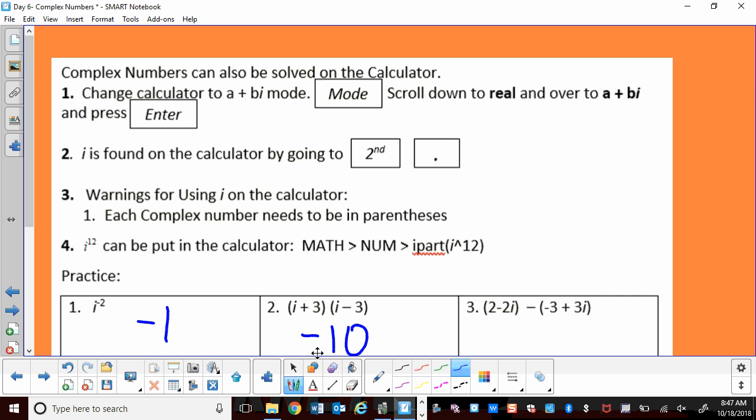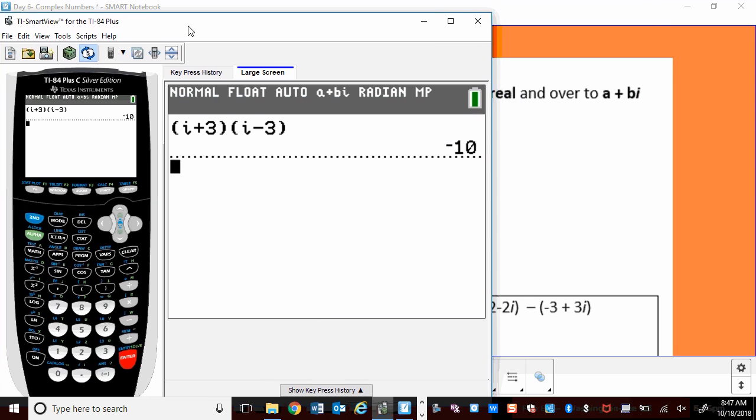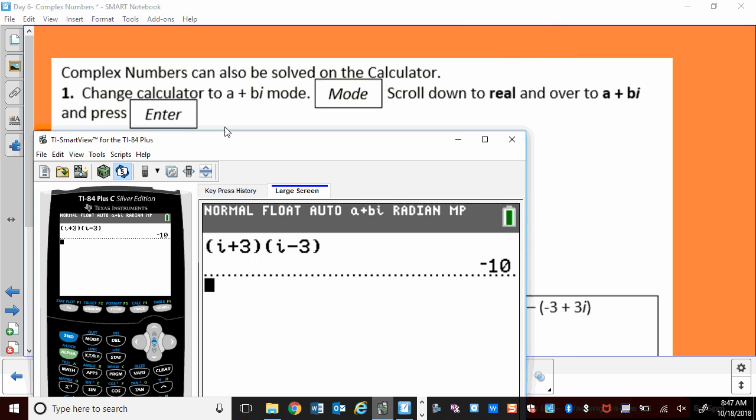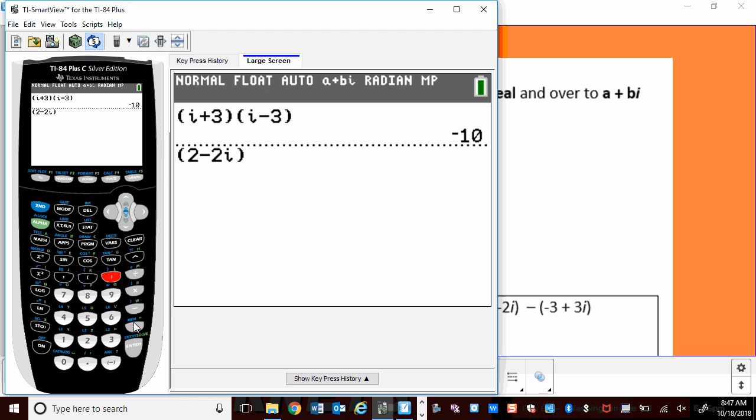Let's try the very last one. So 2 minus 2i, parentheses 2 minus 2i, minus, parentheses -3, plus 3i. You should get 5 minus 5i.